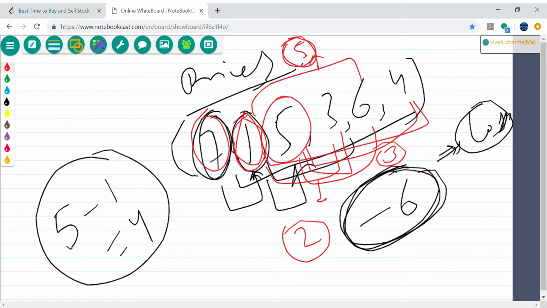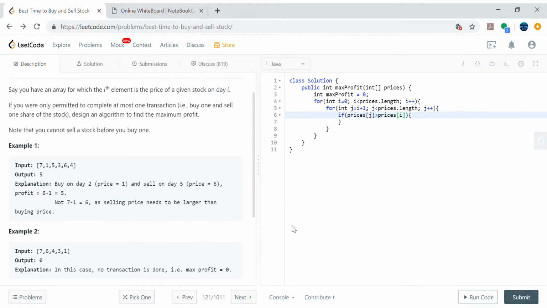For example, 1 and 5: 1 is lesser than 5, so we can calculate 5 minus 1 is 4, and that will be the profit. But in the negative case, like negative 6, this is not a profit, so we are not considering it. That's why I mentioned prices j greater than prices i, and if so, go ahead and keep calculating the maximum profit.